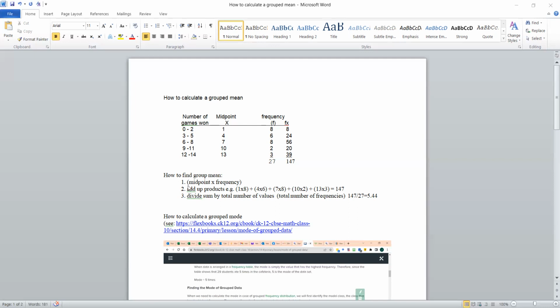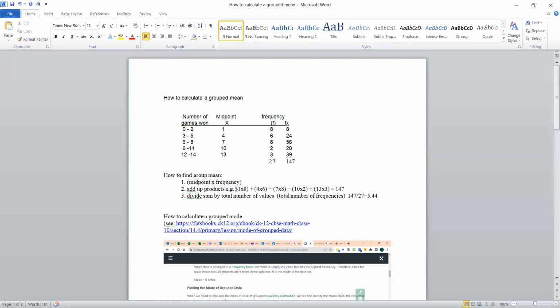Now to find a group mean, first I want to find the midpoint and frequency. Well, we've done that. Okay, now I want to add up the products of Fx, because remember, Fx is the product of F and X. All right, so the easiest way to do it is to just sum the column Fx. 8 plus 24 plus 56 plus 20 plus 39 is 147.